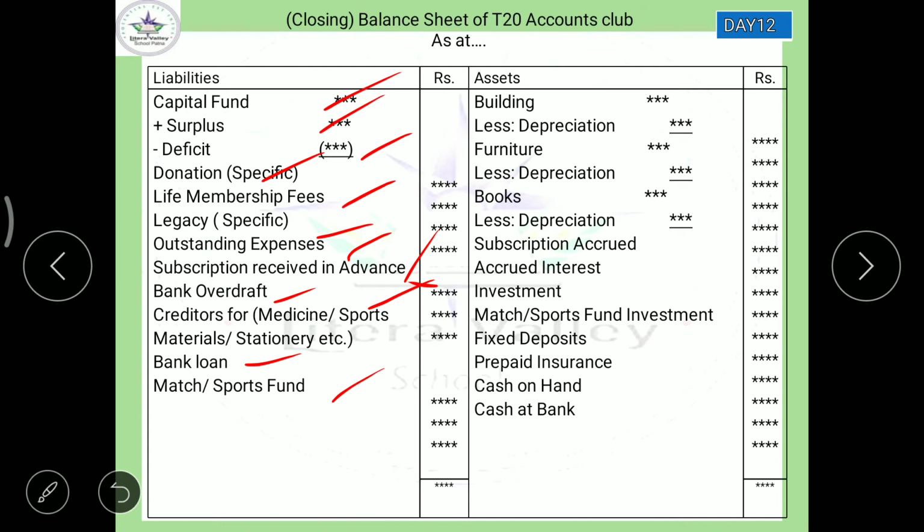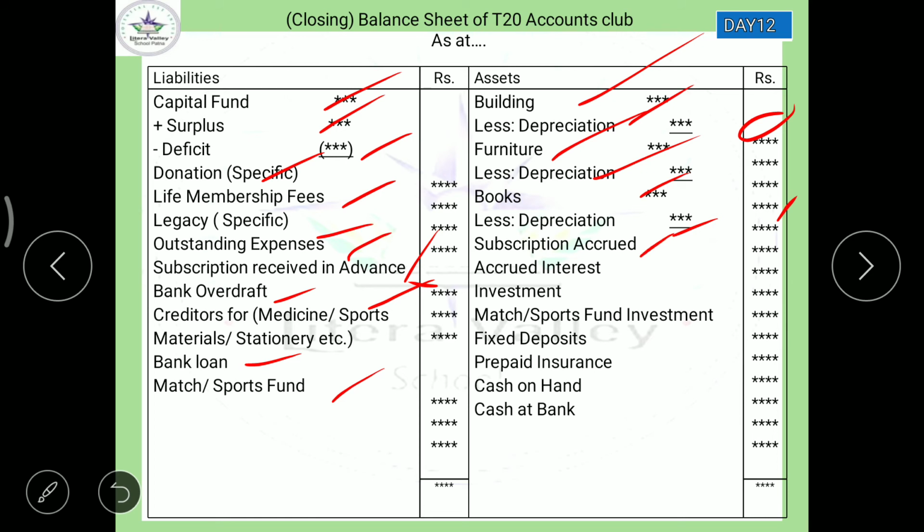Now, balance comes on the asset side. Building: if depreciation is there, it will be reduced and shown in the amount column. Same is for furniture and depreciation. Books, same here, and it will show out here.